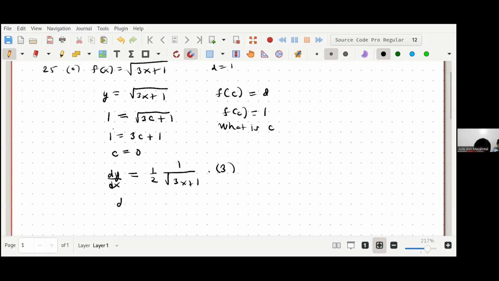So the derivative evaluated at x equals c is equal to 3/2. So f inverse prime evaluated at d, which is 1, should be equal to 1 over 3/2, or 2/3.